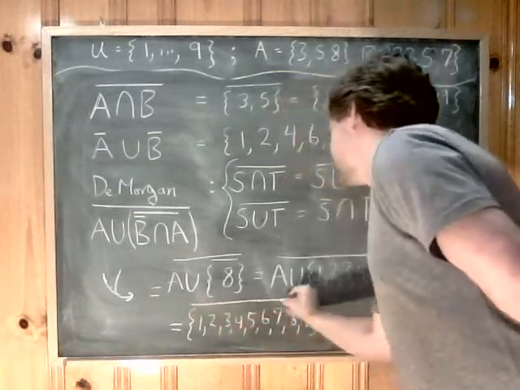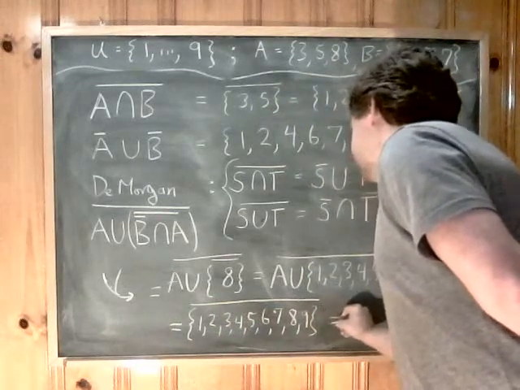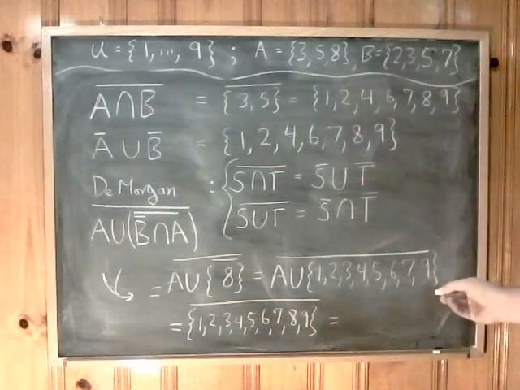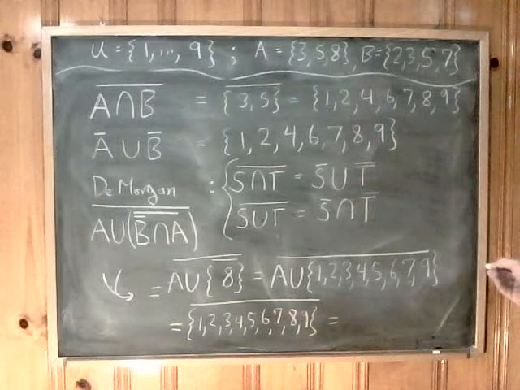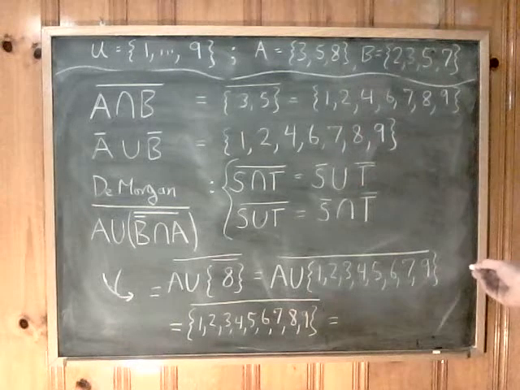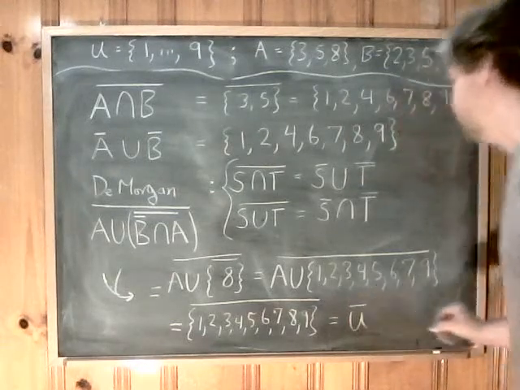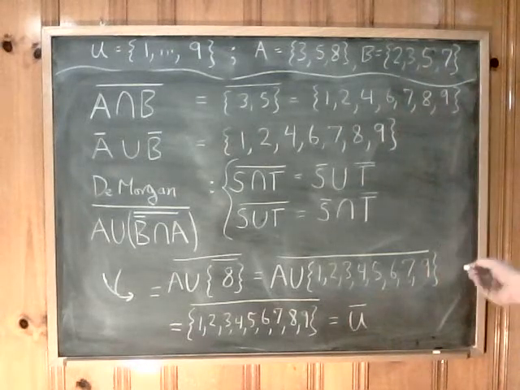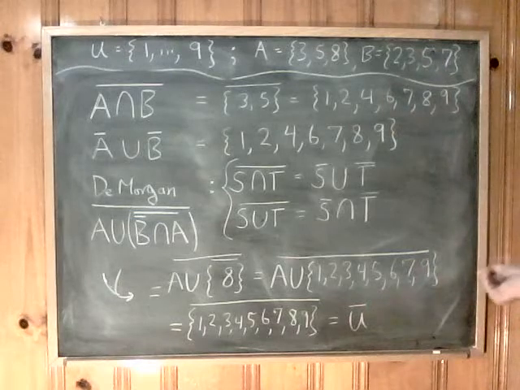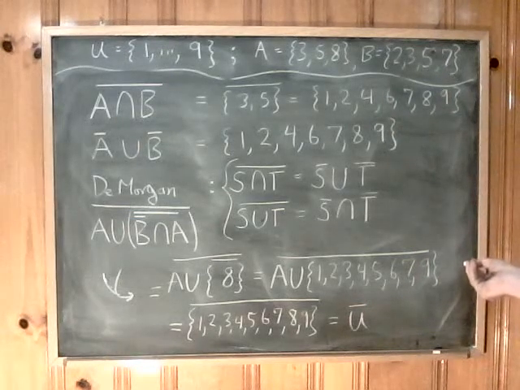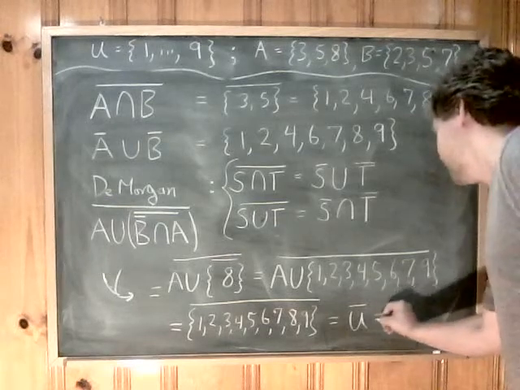With the complement still on there. Now, what's the complement of everything? Everything being the entire set U. I'll write it the fast way. U bar. Yes, it's the empty set, because the complement of the entire universe is nothing.